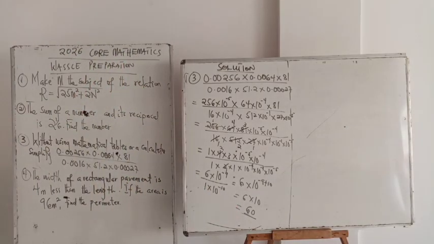The last question says that the width of a rectangular pavement is 4 meters less than the length. If the area is 96 meters squared, find the perimeter.